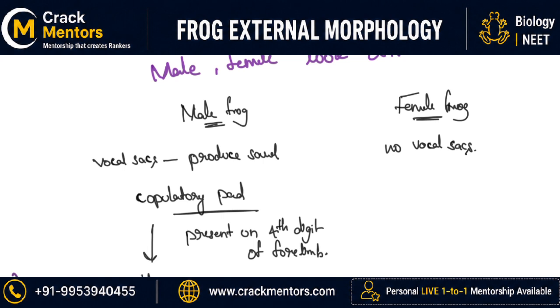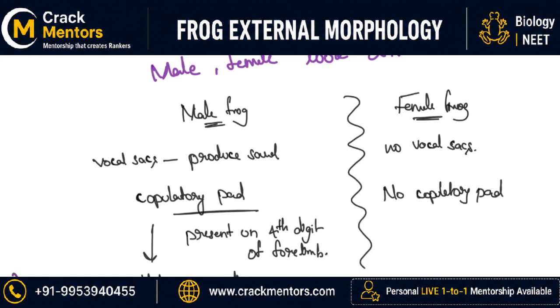What is the function of the copulatory pad? It helps in mating. Coming to the female frog, we see no copulatory pad. In sexual dimorphism, by looking at the frog, we can differentiate it into a male and female frog.